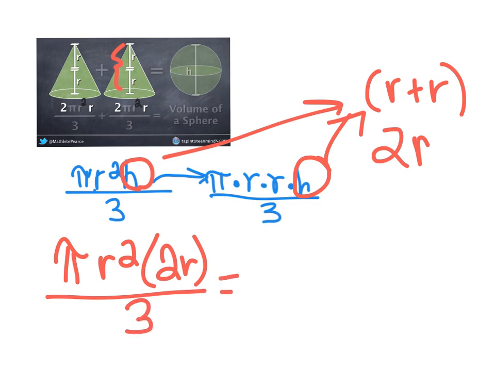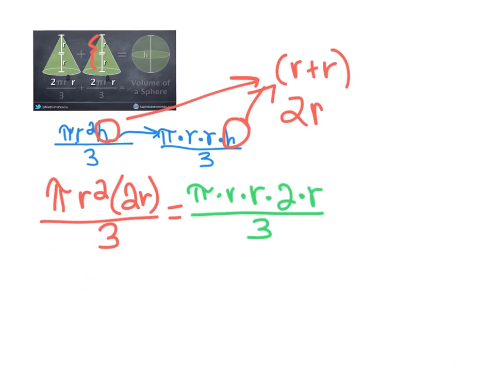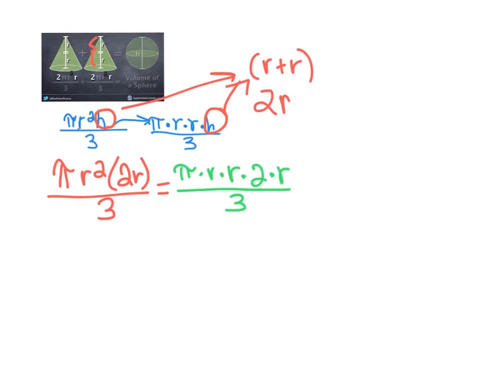Now let's expand that out like we did in blue. I'm going to move over here to green, because red's kind of harsh. That means we have pi times r times 2 times r divided by 3. Same thing, just expanded out. And recall, the commutative property of multiplication means I can multiply those factors in any order.